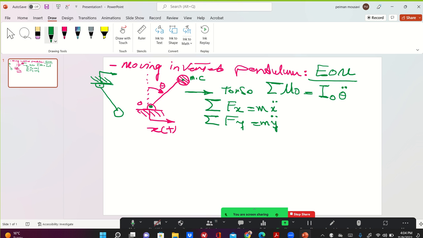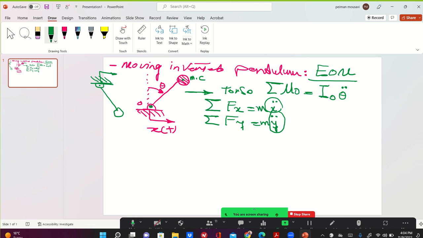Now you have a torso. Why am I teaching that? Because at the end of the day, I'm going to make a conclusion about the dynamics of your torso and the leg. Or this can be regarded as a single degree of freedom robot arm on a rover on Mars.